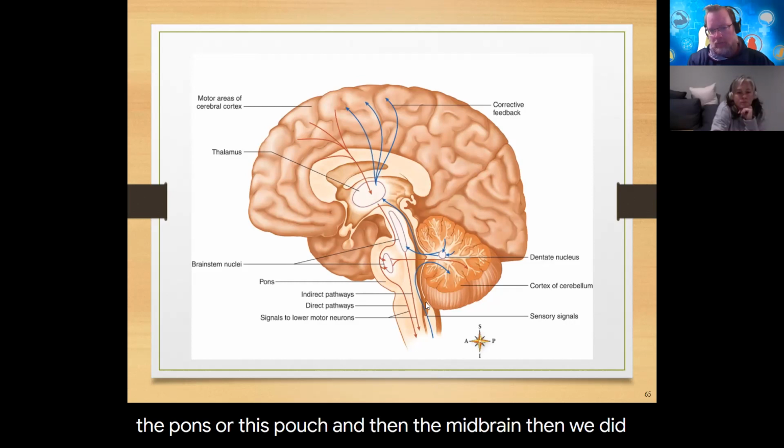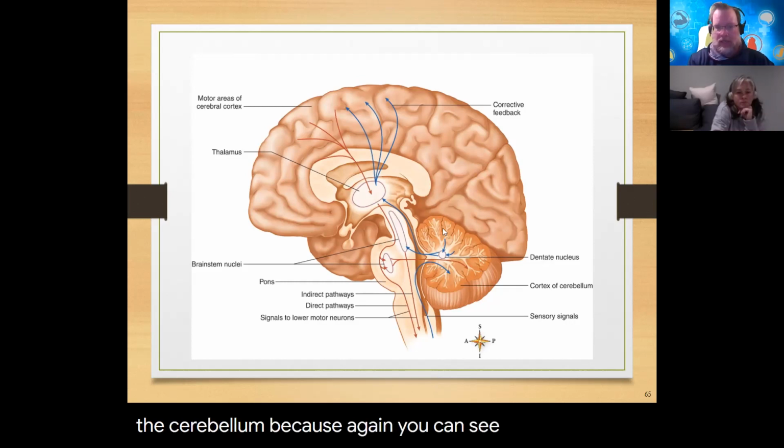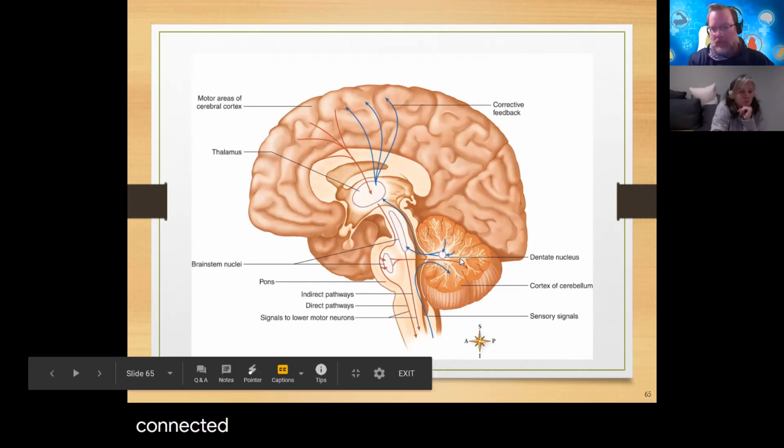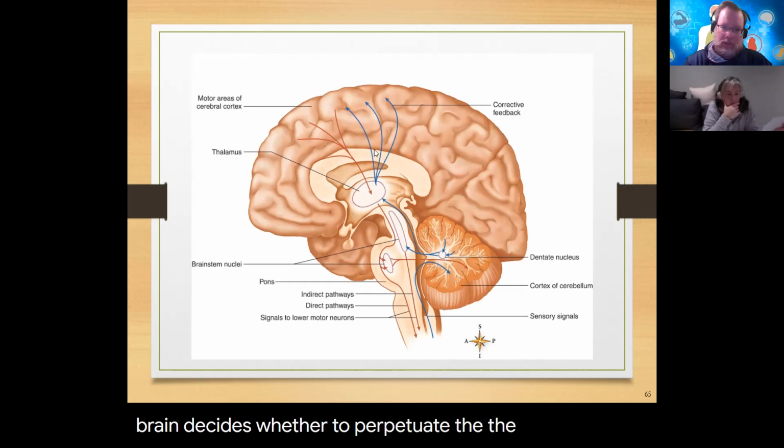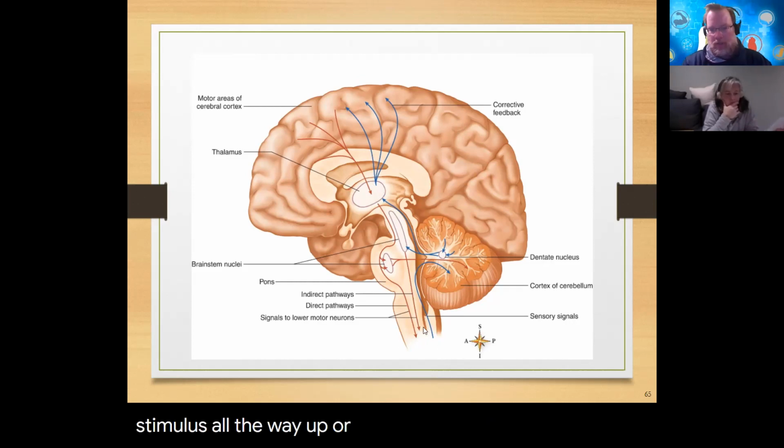Then we did the cerebellum, because again, you can see that is all connected, that brain stem with the cerebellum. This is your basic relay station. This is where the brain decides whether to perpetuate the stimulus all the way up, or to just continue with its normal pattern of cycling through proprioceptive mechanisms.